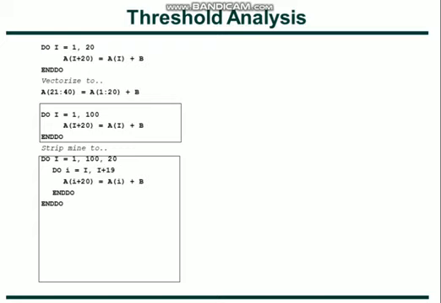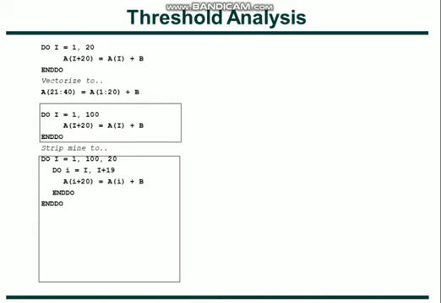Now, the maximum value of I here is 20. Looking at the statement, the sink is at the 21st iteration, but this loop has only 20 iterations. It means the sink will never be executed.